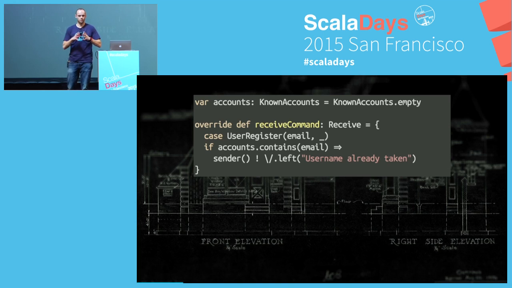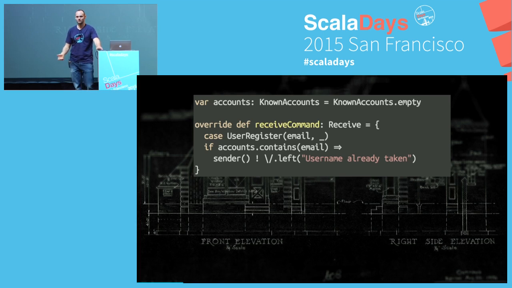And so the user profile processor maintains a list of accounts. Think a map of username to user ID. And so we can implement the simplest possible scenario. When I receive a command that says someone wants to register a user account with a given email address and some password, I don't even need to know what it is, but I already have that email address in my account variable.